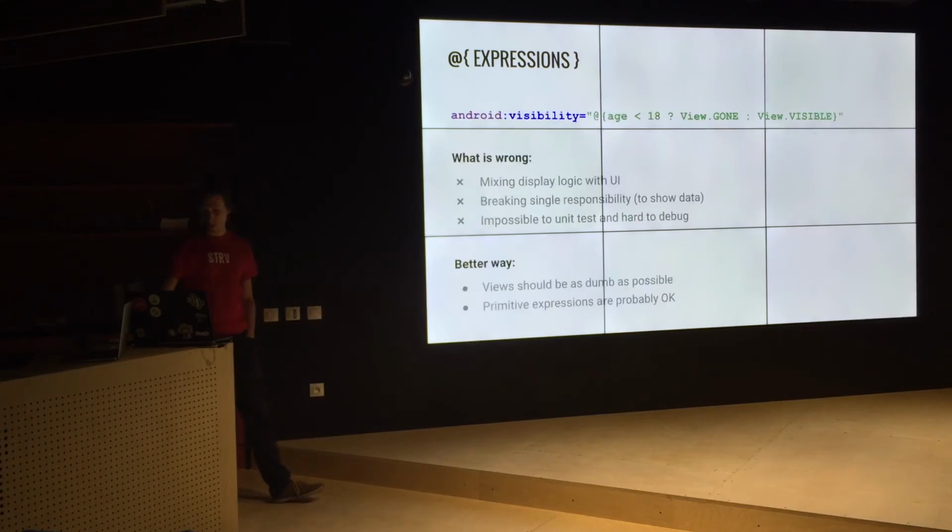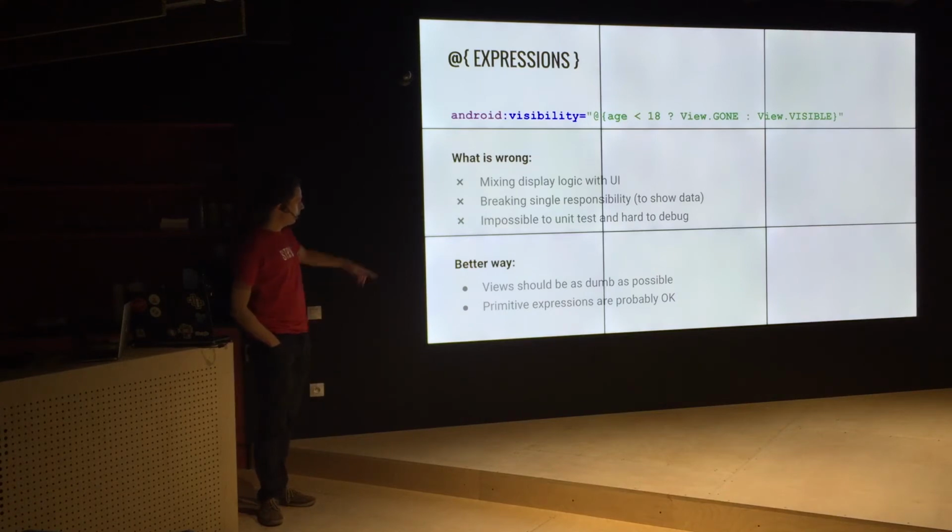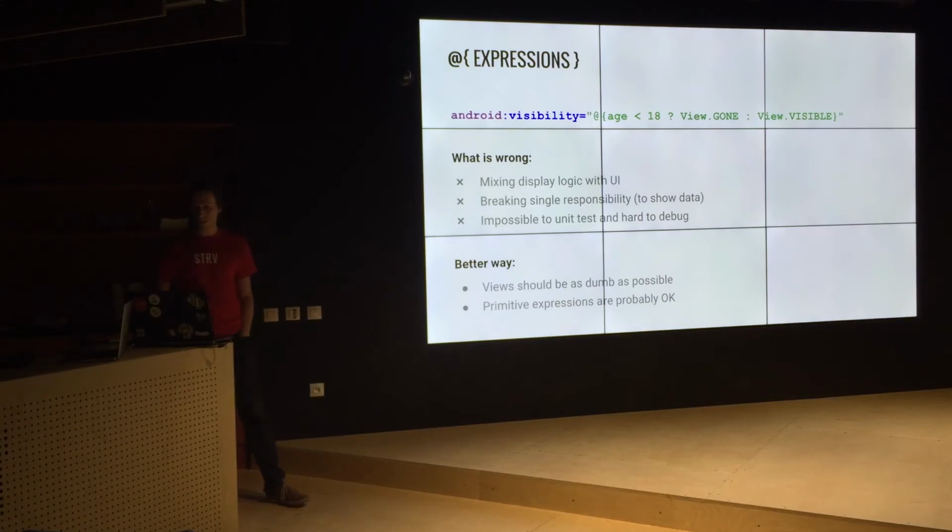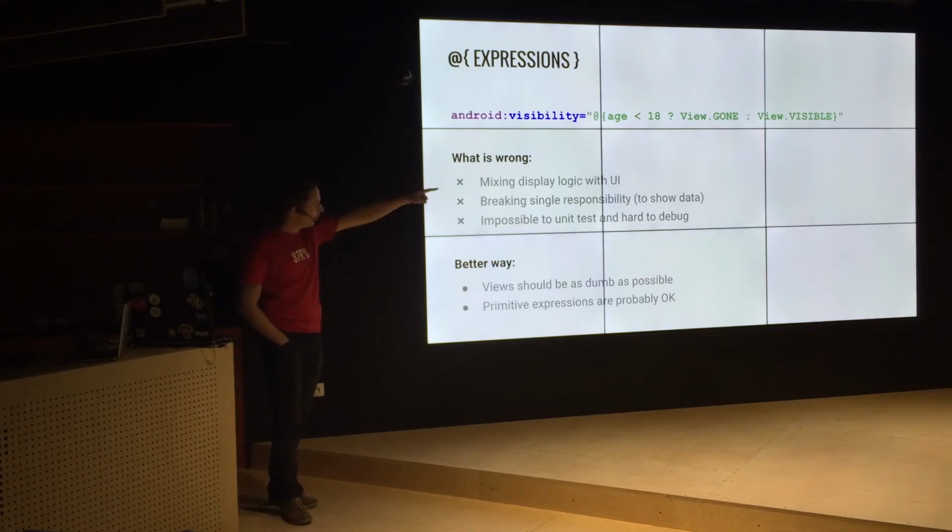Yes, so my opinion is that this breaks single responsibility principle, because this piece of code does 2 different things. It's basically displaying data, and there is also some presentation logic. So I prefer to implement the logic in a view model and then just expose some property which will be bound in the layout.